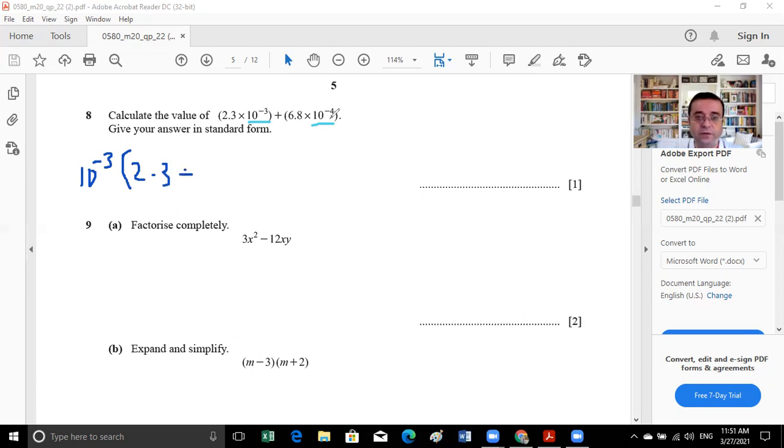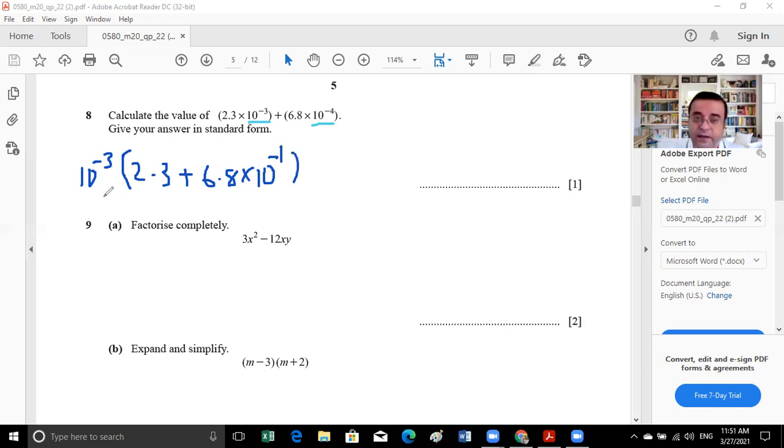Plus. Here, 6.8. Correct? 6.8. Correct, students? 6.8 times what? 10 to the power minus... power of 1. One. Because we have 10 to the power 3. Correct?